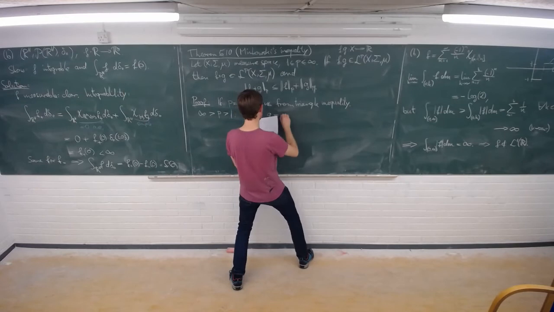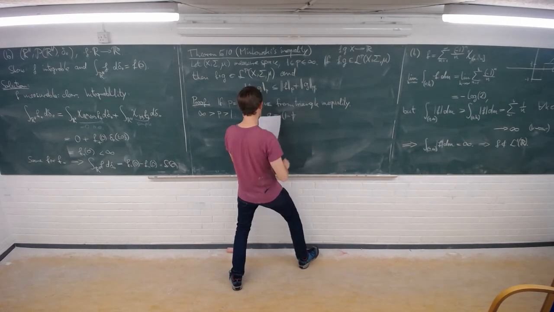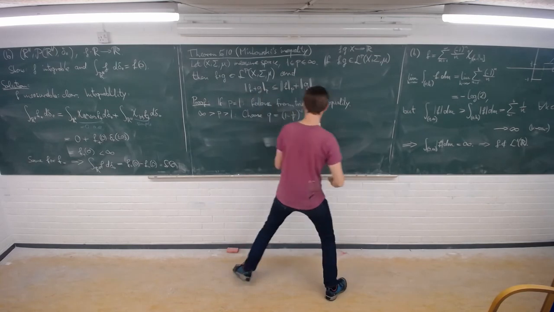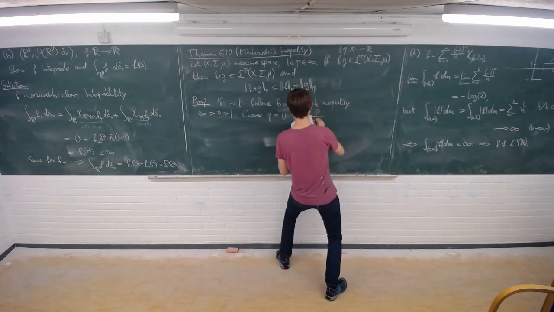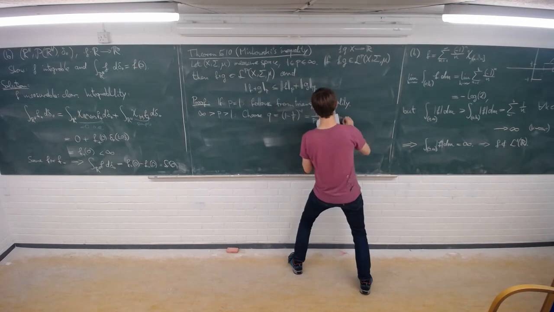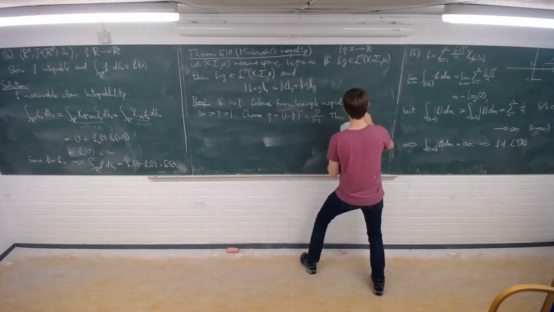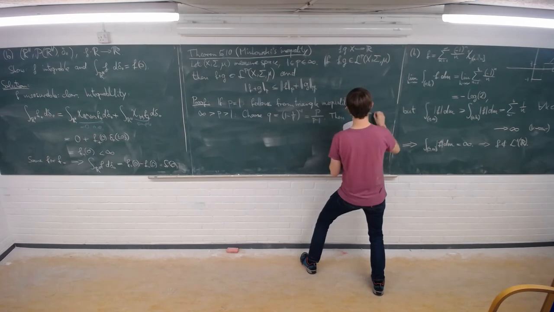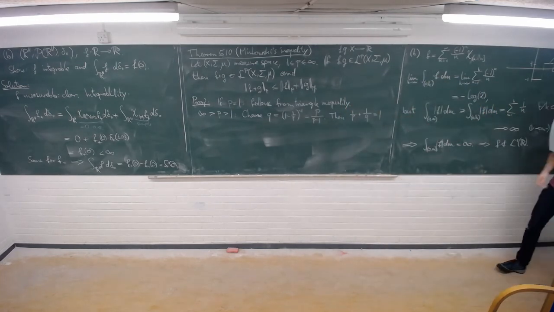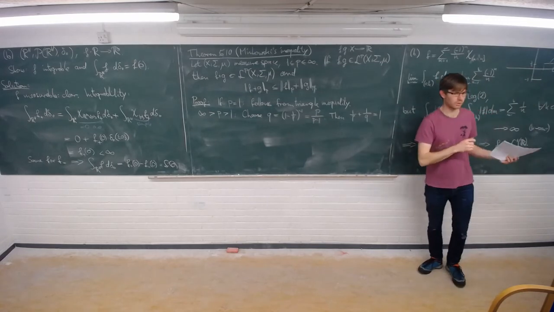So choose q to be (1 minus 1 over p) inverse, which is the same as p divided by p minus 1. Then one can check that 1 over p plus 1 over q is 1. So for this pair p and q, we can use Hölder's inequality.